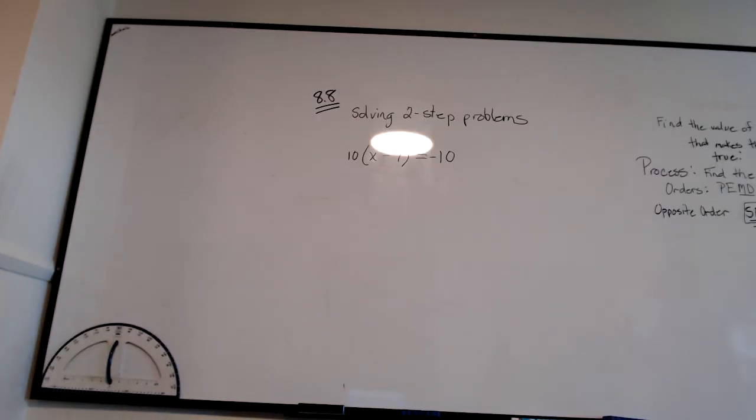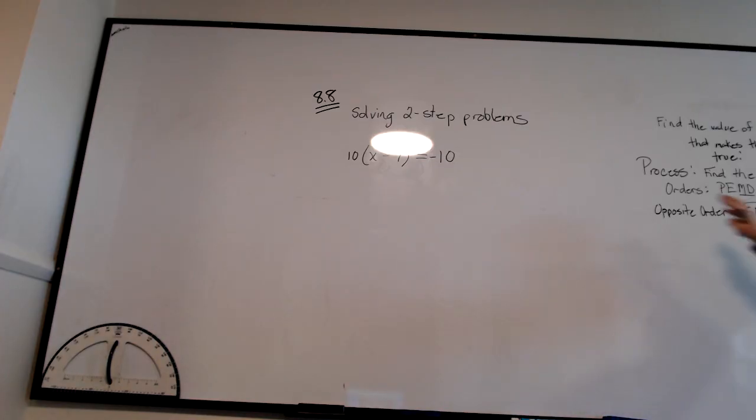This one's a little bit different because if you notice, it has parentheses, doesn't it? Does everybody see that it has parentheses? We normally do parentheses first. So when we undo it, we are going to do parentheses last.